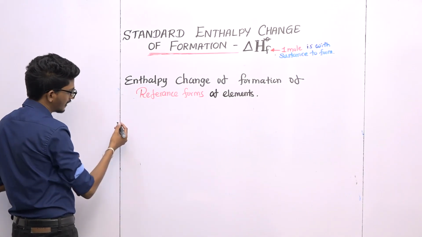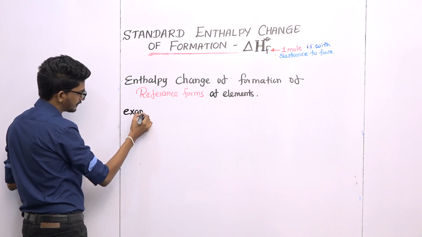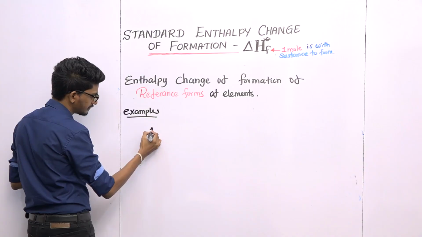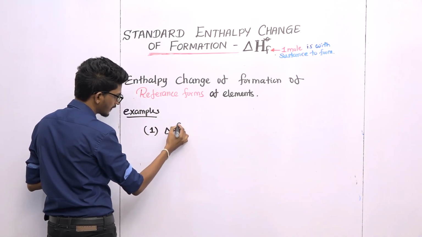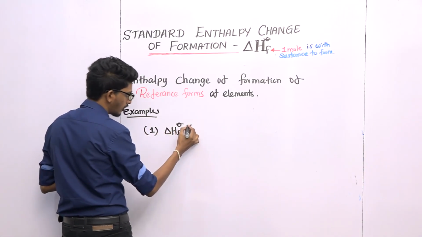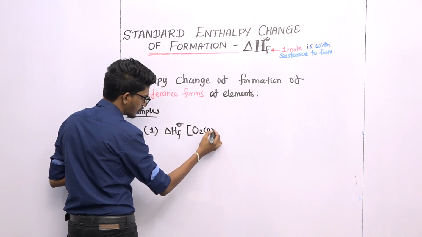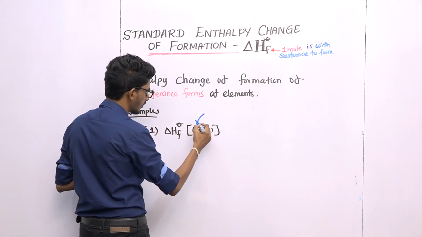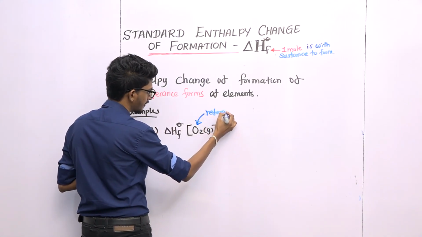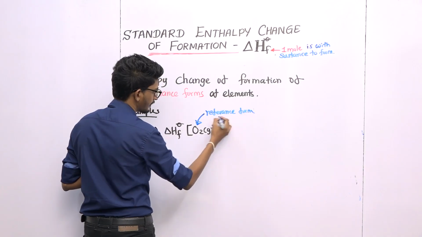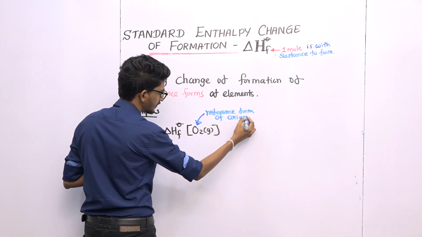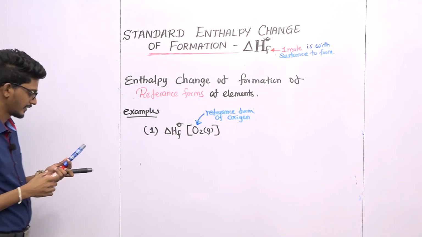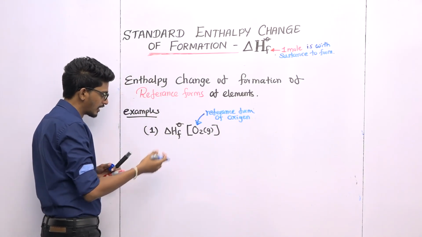Let's take this as an example: the delta H naught F of O2 gas. We know O2 gas is a reference form, the reference form of oxygen. See how this looks like. What is this value?